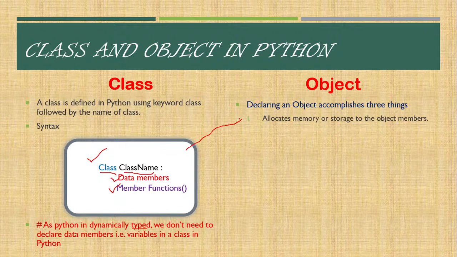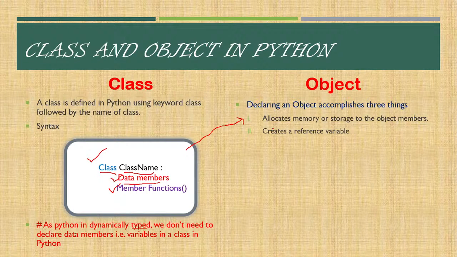The first thing is that memory is allocated to the object: all the members, that is the data members or variables which the object has, are provided some memory.